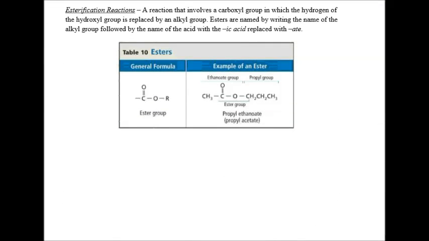Our seventh reaction is esterification. It's a reaction that involves a carboxyl group, which is a COOH, in which the hydrogen of a hydroxyl group, which is OH, is replaced by an alkyl group. So let's go ahead and just draw one. Here is an organic molecule, and we should know this is ethanoic acid.